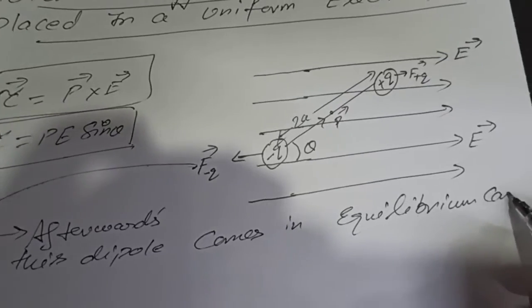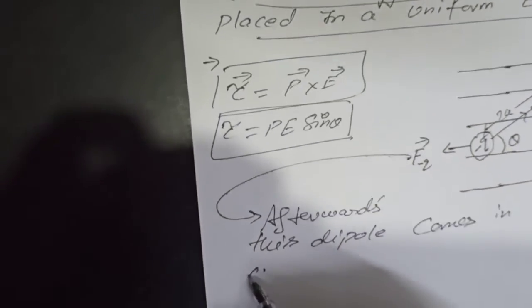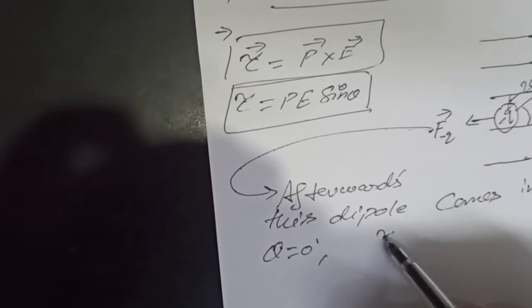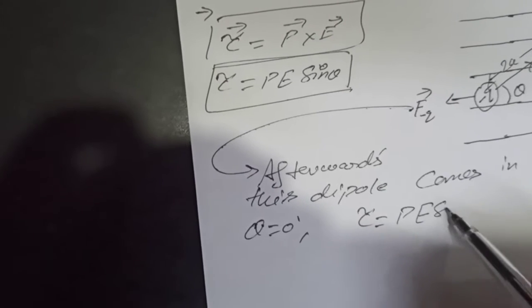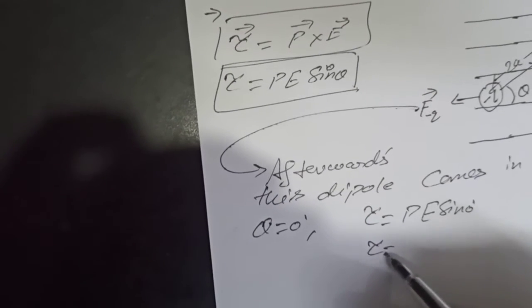Equilibrium condition means that theta is 0, so torque is equal to PE sin 0, so there is no torque.